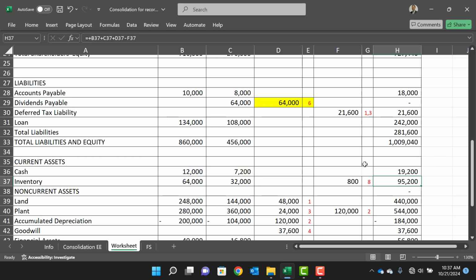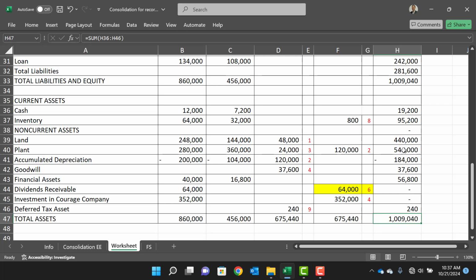Sorry about that error, but anyway, you got the point. So add these two. If this one is on credit, inventory is on debit, our normal balance is on debit. So this 8,000 will be a deduction for both of these amounts. So you have 95,200.